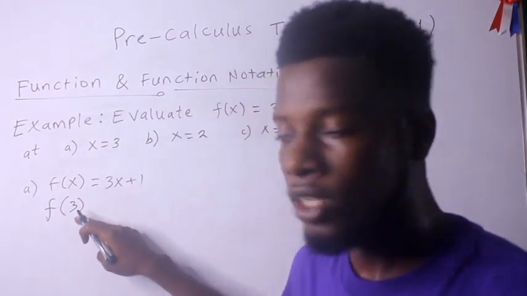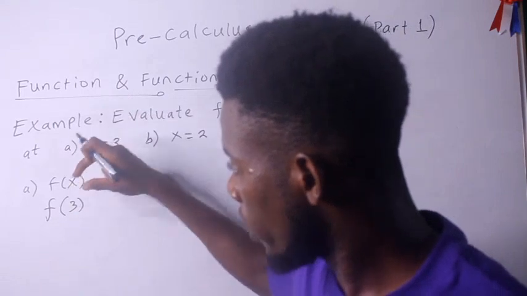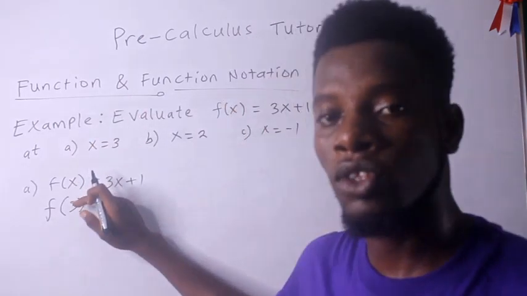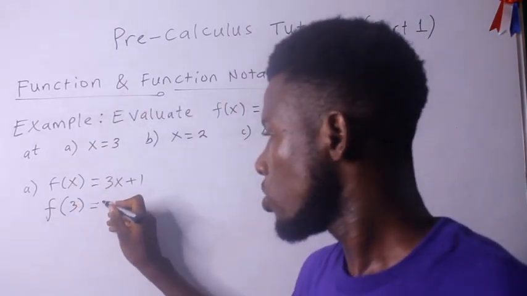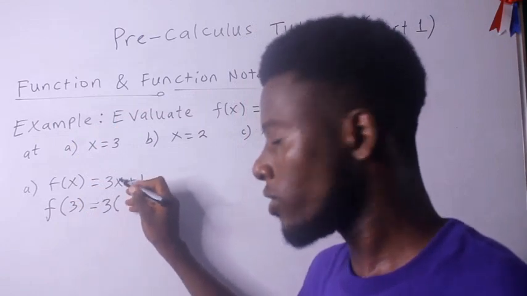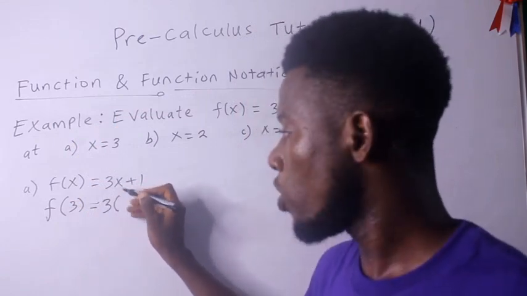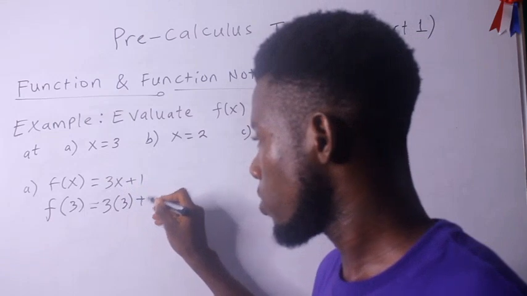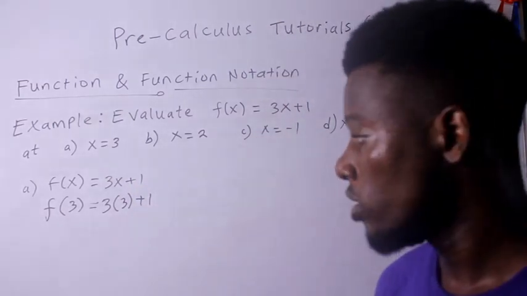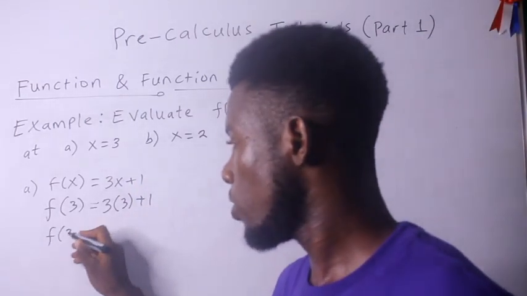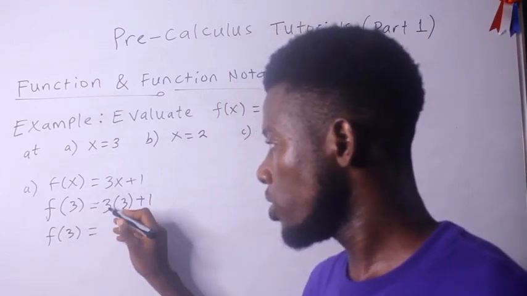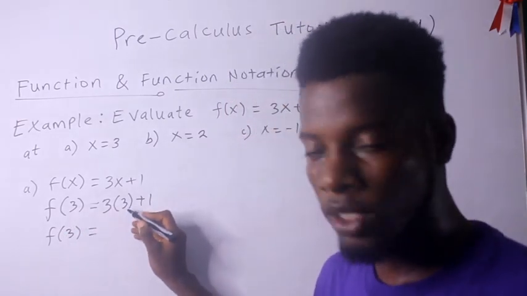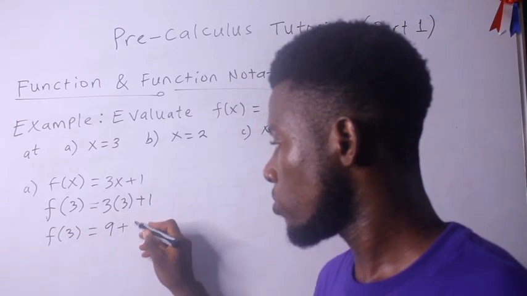What we just did here is to remove x and put 3 there because x is now 3. And this will give us 3 multiplied by, since this is 3x, it becomes 3 multiplied by x plus 1. Great. So f of 3 equals 3 multiplied by 3, that's 9, plus 1.